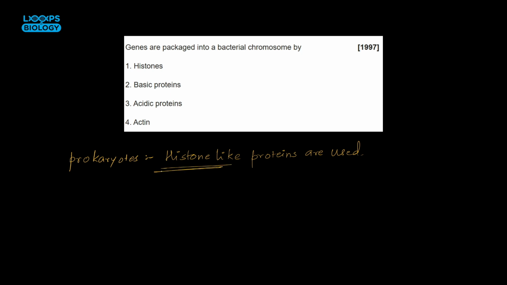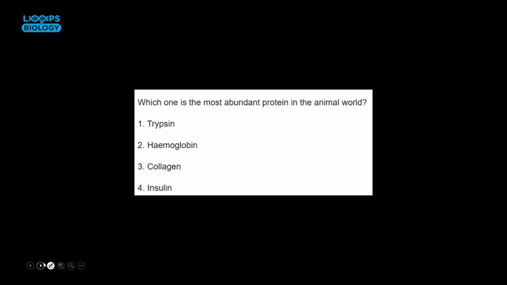So it is not histone, it is just histone-like. They are basically basic proteins. There has to be a positive charge so that the negatively charged DNA can be wrapped. So the right answer for this question is basic proteins.